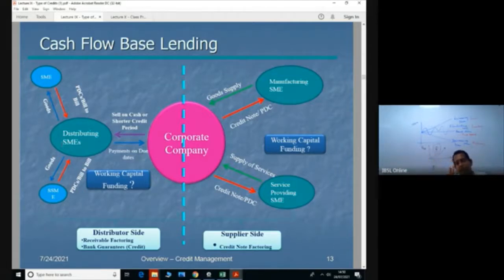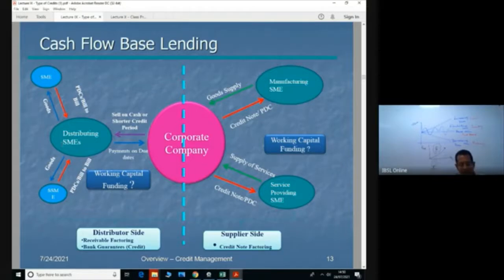We have 3 types of payment modes. Firstly, cash. Secondly, bill to bill. Thirdly, post-dated checks. We discussed these 3. Bill to bill means we just sign on the bill.